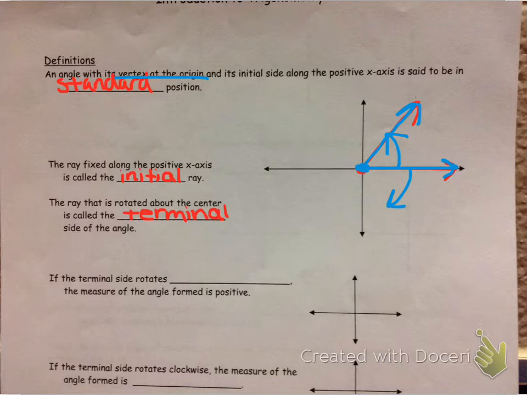If the terminal side of your angle is rotating counterclockwise, then you have a positive angle. People get that mixed up because they assume clockwise is the direction that all spinning things move, because of clocks, of course. But if it helps you, think of it this way.